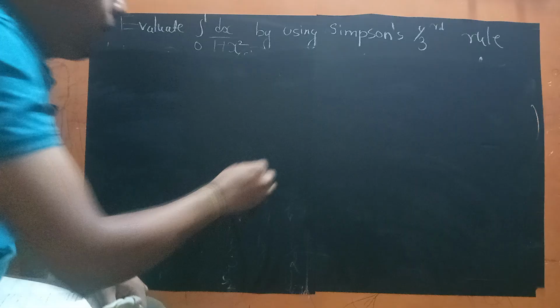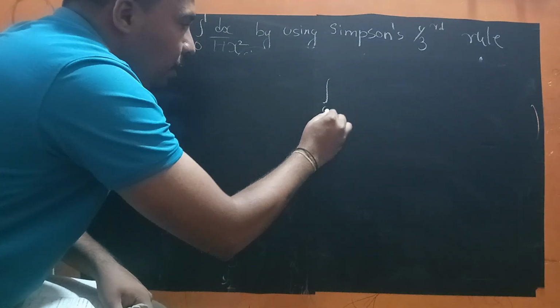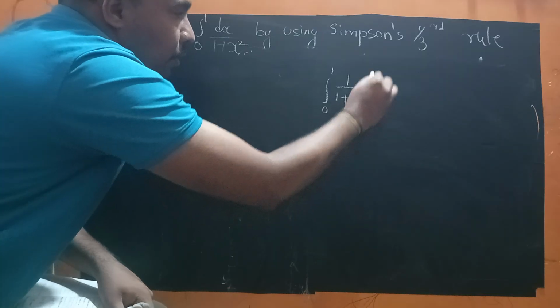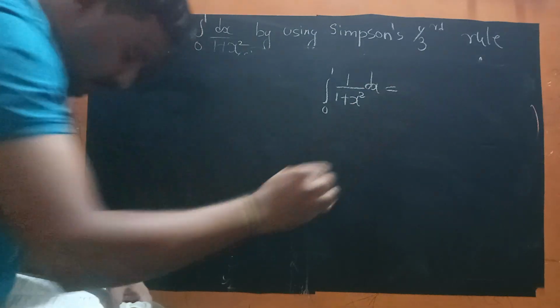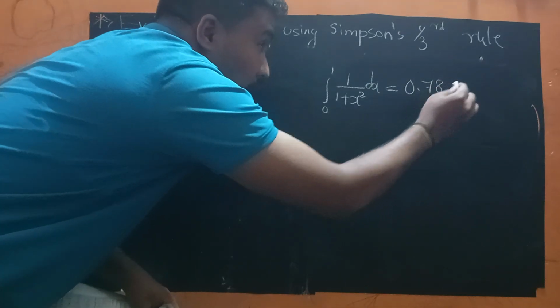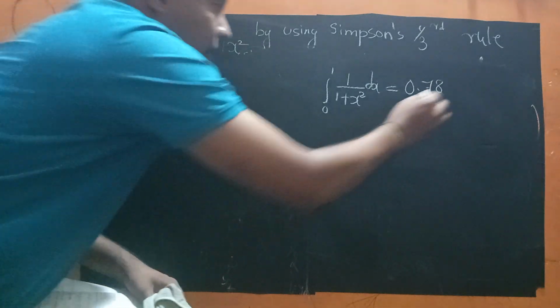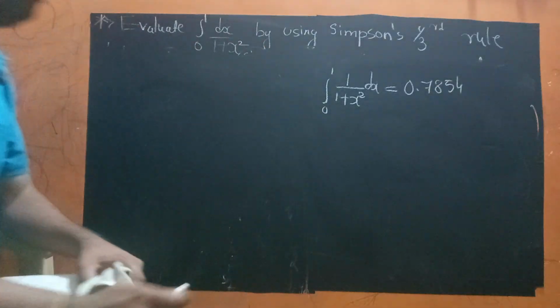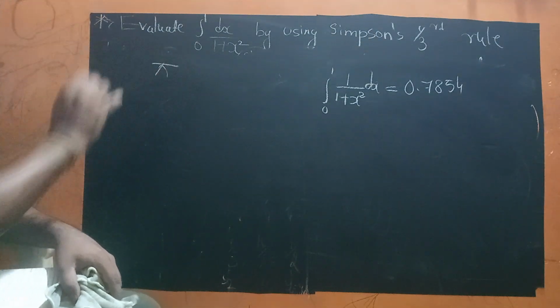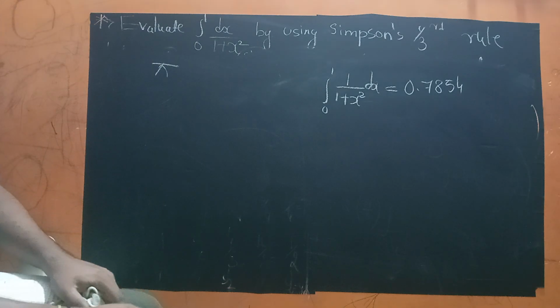So we have obtained the value of the integral 0 to 1 of 1 by 1 plus x square into dx as 0.7854. Now from this we have to find the value of pi. How to find it?